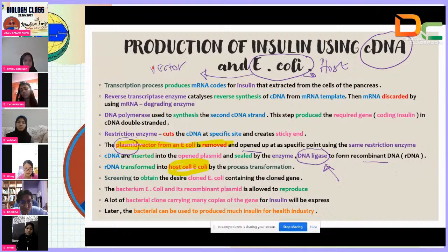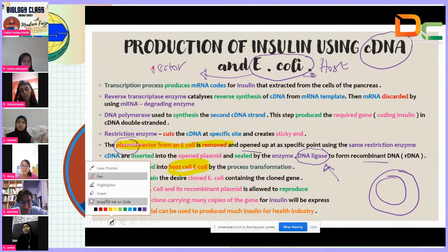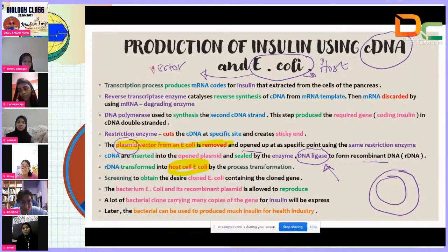So if teacher draws like this in class, the recombinant DNA will have, the red color here, when teacher sketches this one, class, this will contain the cDNA that we have already inserted.